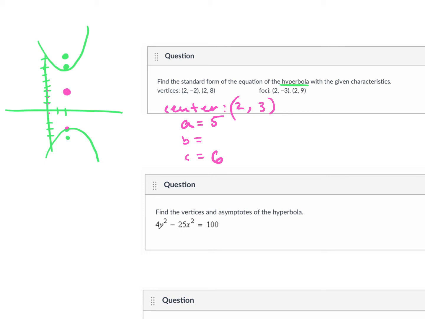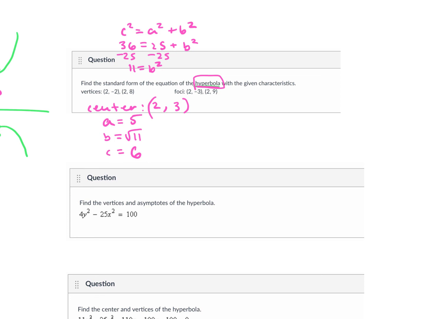And then how can we find b? It's a squared plus b squared now, because it's a hyperbola. So c squared, 36, is equal to 25 plus b squared. Subtract 25. So 11 is equal to b squared. So b is equal to the square root of 11.